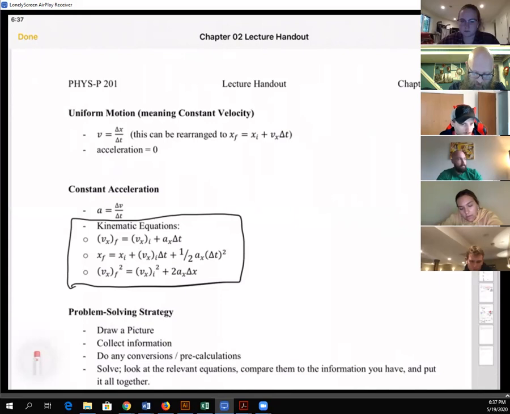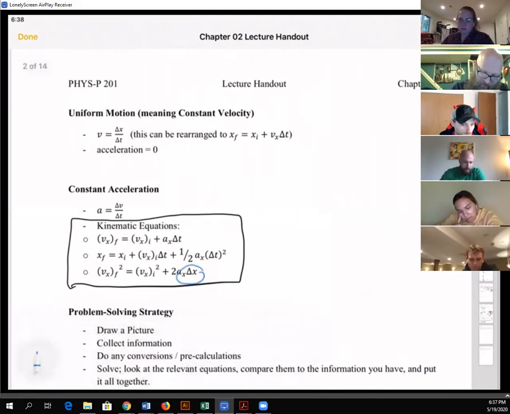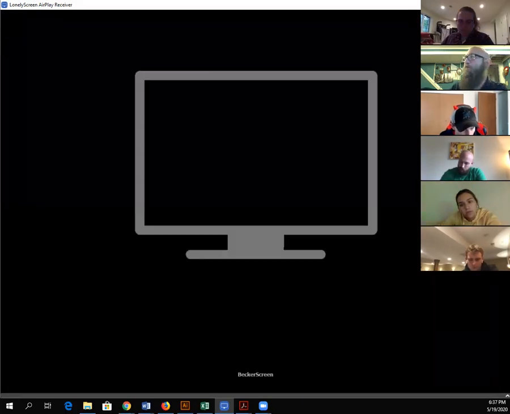Nope, the first one doesn't give me an x, but I could use the second one or the third one. You guys see that? You could highlight what you want to find, right? I'd like to know delta x, so that's here. Delta x is x final minus x initial, but x initial is 0, or I can call it 0. So either one of those should work.